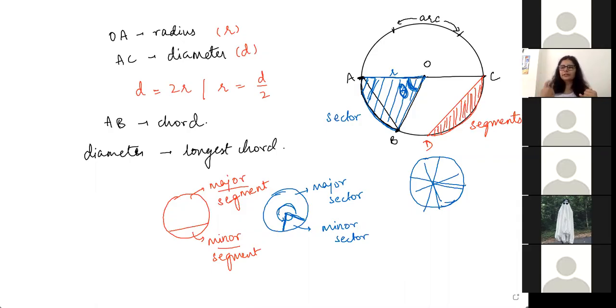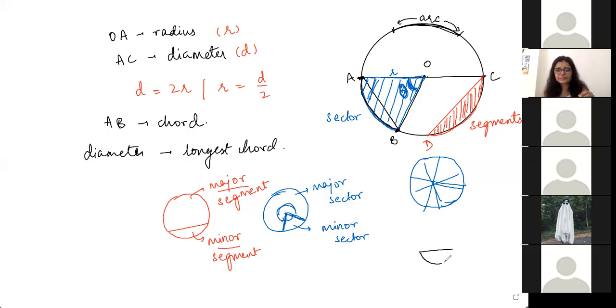You should be familiar with what is a chord, what is radius, diameter. Then the things that we'll be dealing with in this chapter this year. You need to know what is an arc. It's just part of the boundary of a circle. Then you need to know what is a segment, like major and minor segments. A chord divides the circle into segments.